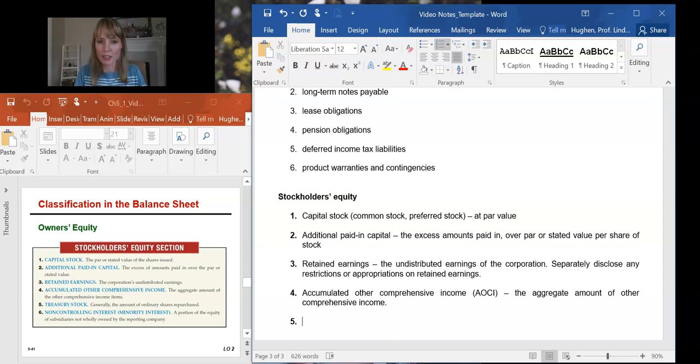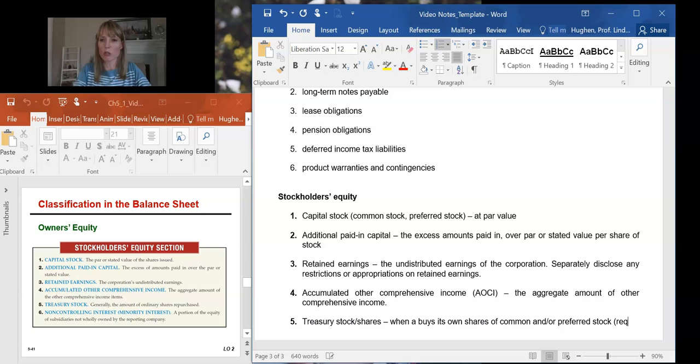Yep, there's more. What else might be listed here? Treasury shares. We haven't really talked about this, treasury stock or treasury shares. We haven't really talked about this at all this semester, but when a company buys its own stock back, buys its own shares or reacquires its own shares out in the market, it separately reports.